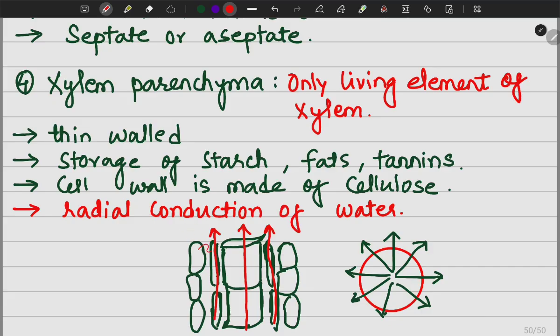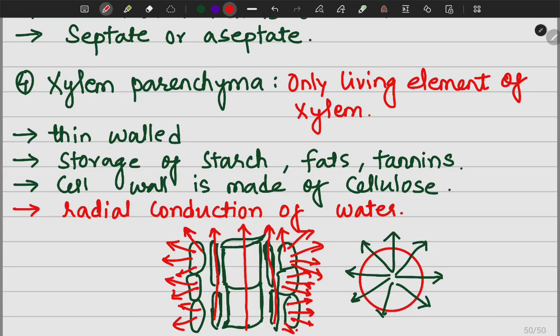So these xylem parenchyma will conduct water like this in all directions radially, that is sideways, along with top and bottom, not bottom but mainly to the upper parts along with this sideways.